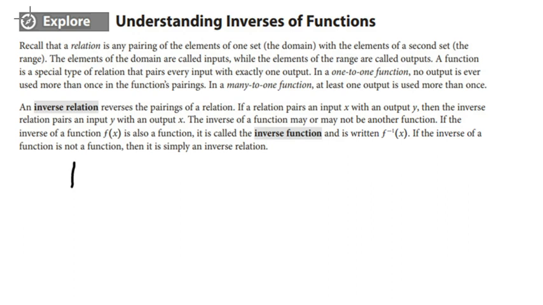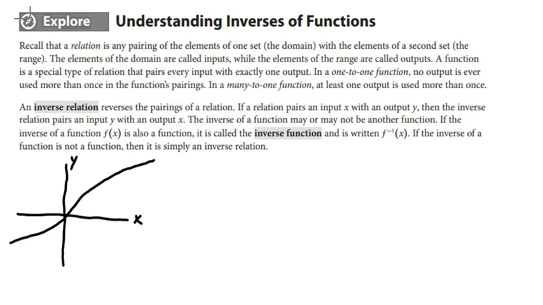Okay, so we have a grid, an XY coordinate plane, and an example of a one-to-one function would be something like this, where a function is increasing for the entirety of its domain.